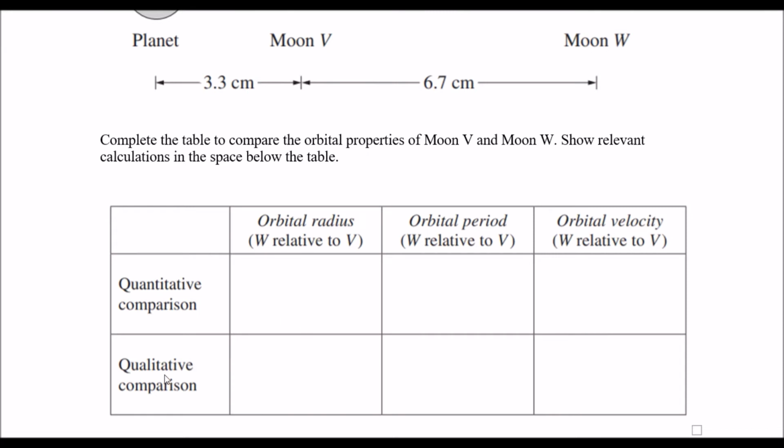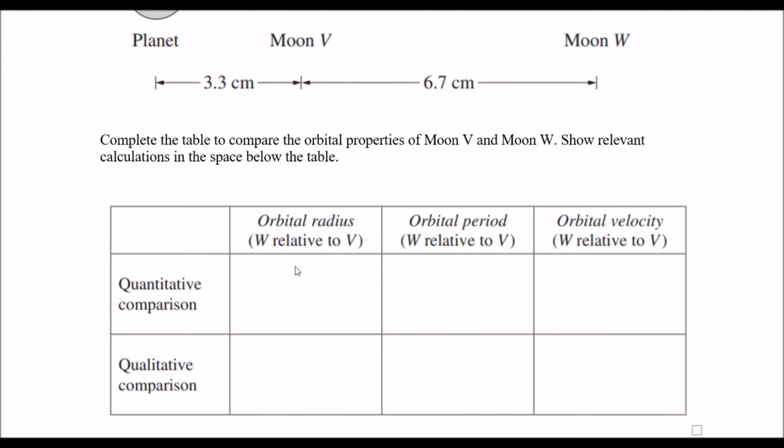Let's go through the quantitative first, in terms of the orbital radius, period, and orbital velocity.